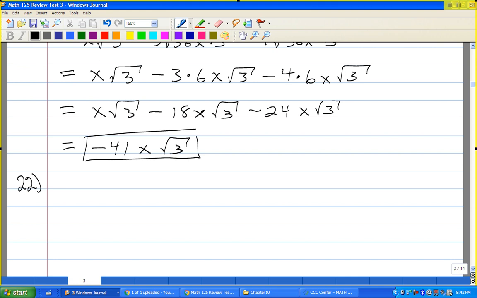Okay, so problem number 22: 9 cube root of x cubed y to the 13, minus 2xy cube root of 8 y to the 10.